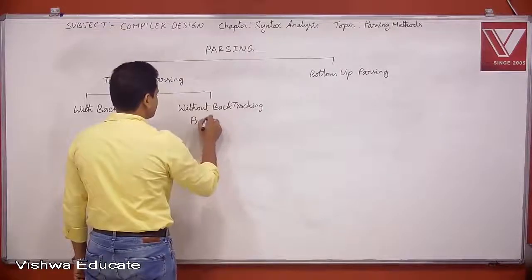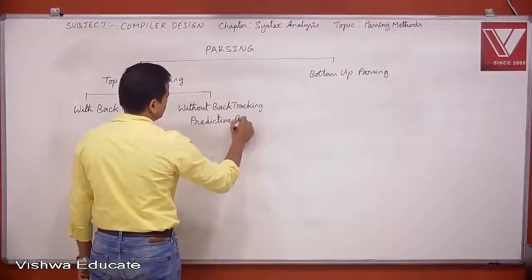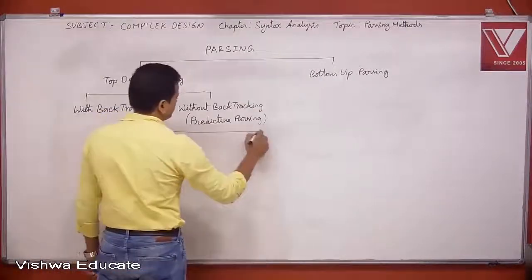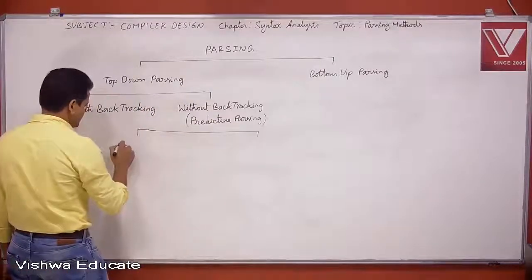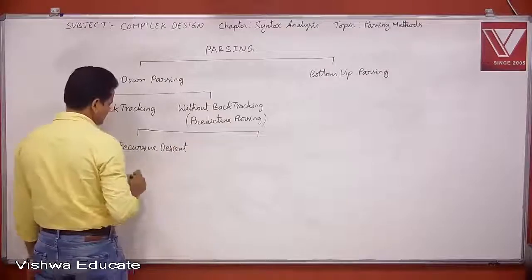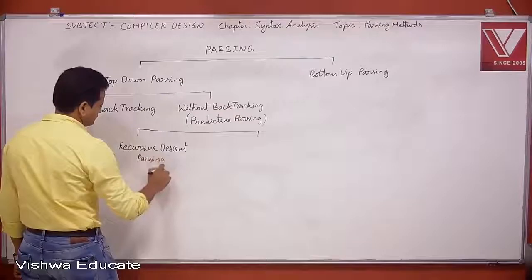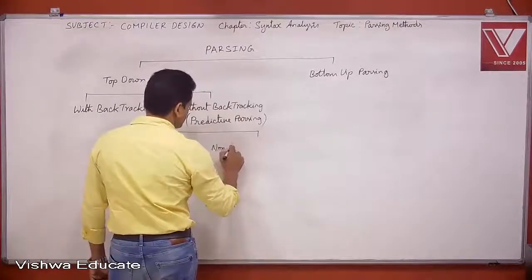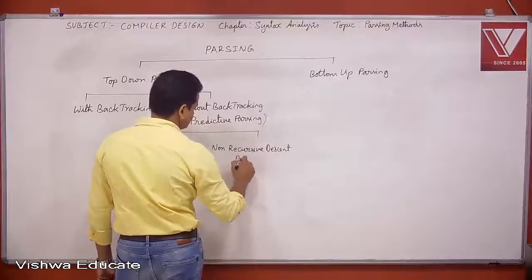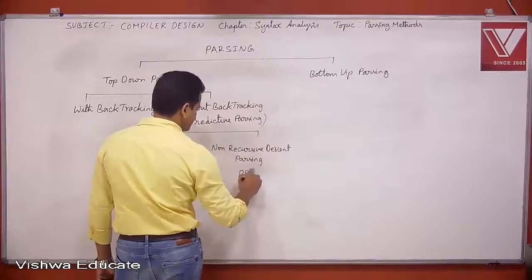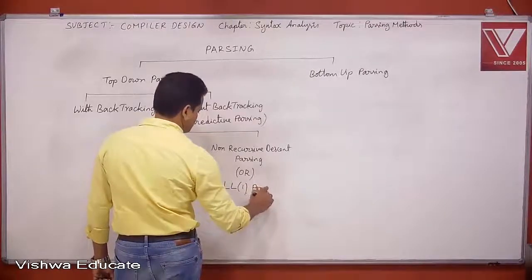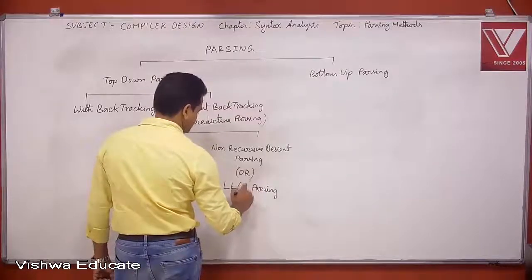We can call this predictive parsing. And again in this, recursive descent parsing and non-recursive descent parsing. Or we can call this LL of 1 parsing.